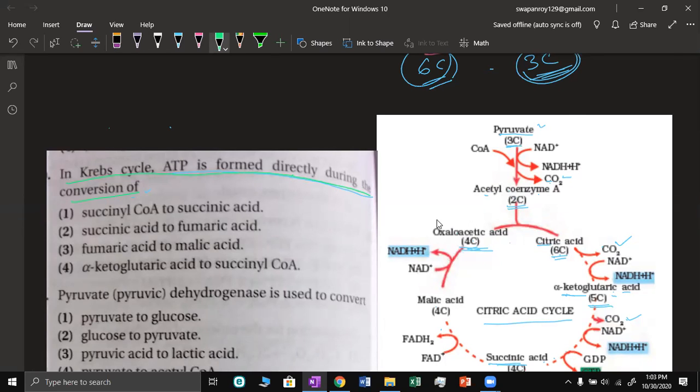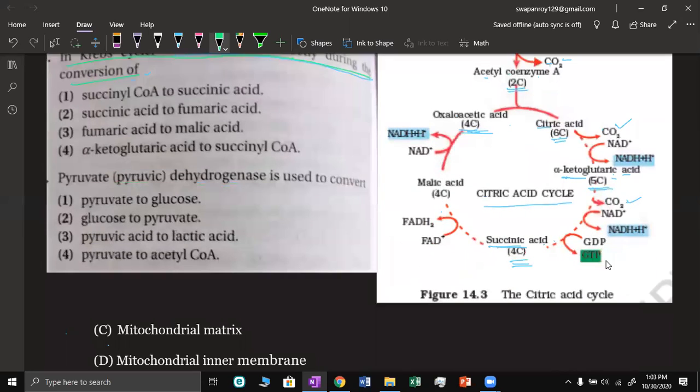They have not shown this here. See, this GDP changes into GTP. This GTP is converted into ATP. From the GTP, ATP is produced from ADP. All right. So it is directly, sometimes it is written that in this place ATP is synthesized.